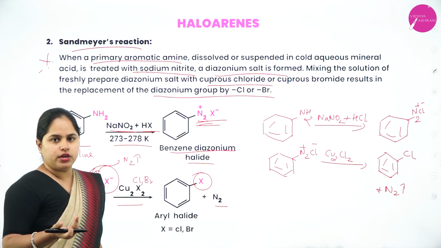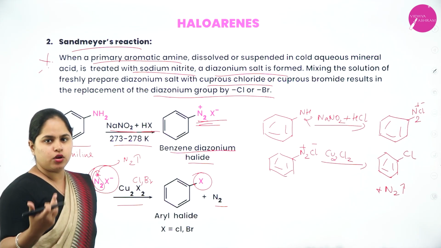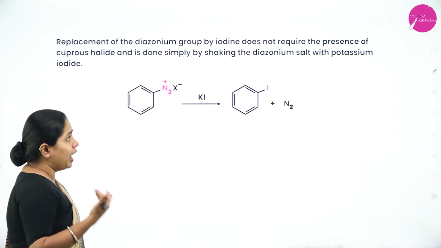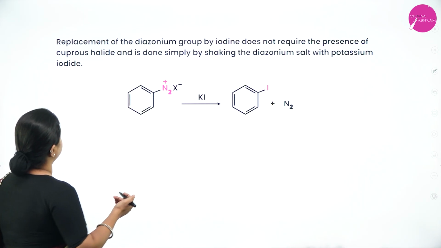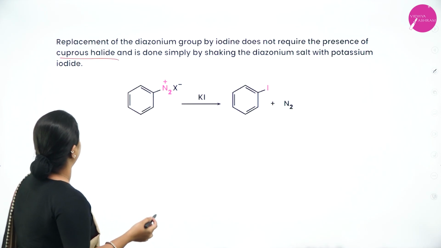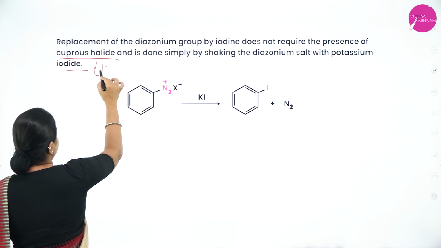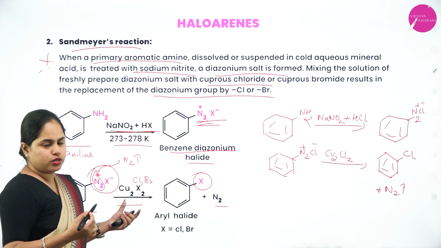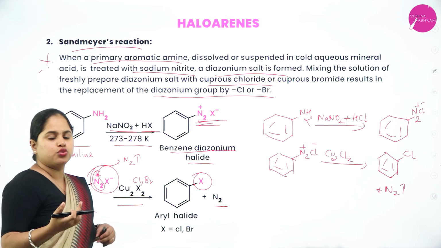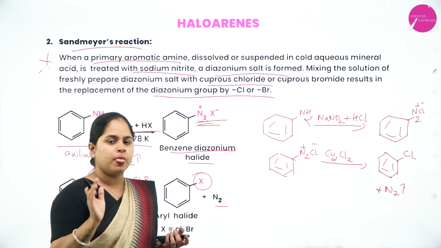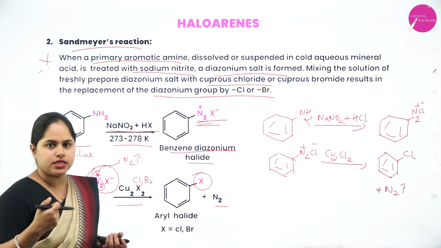So this is an important reaction where you can get chlorobenzene or bromobenzene, right? Now the replacement of the diazonium group by iodine does not require the presence of cuprous halide, and it is done simply by shaking the diazonium salt with potassium iodide. Once we get the benzene diazonium halide, we add the cuprous halide, cuprous chloride or cuprous bromide, and according to that you get chlorobenzene or bromobenzene.